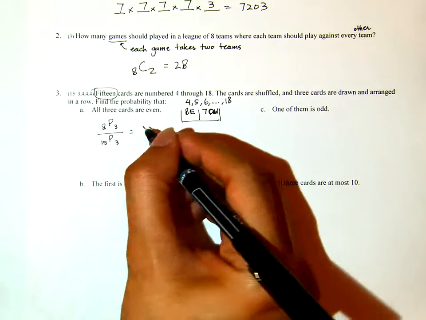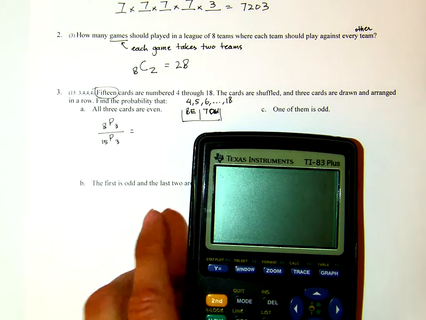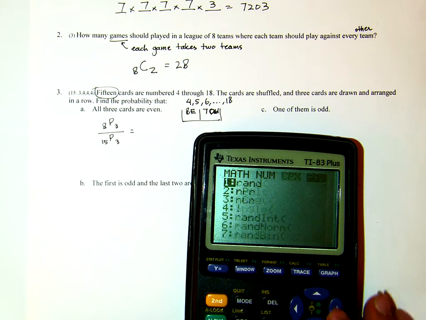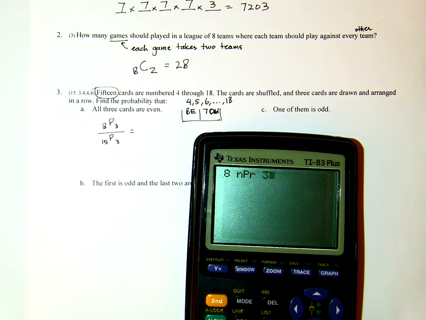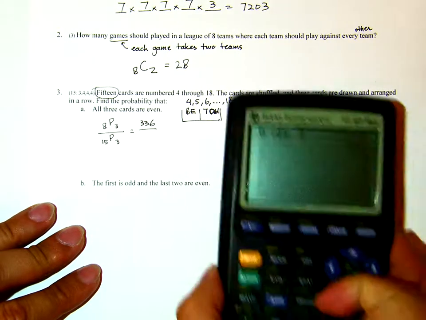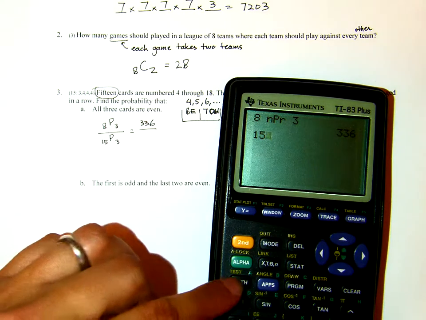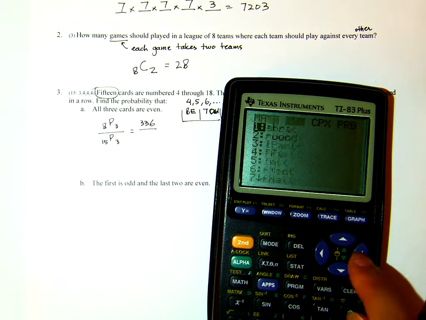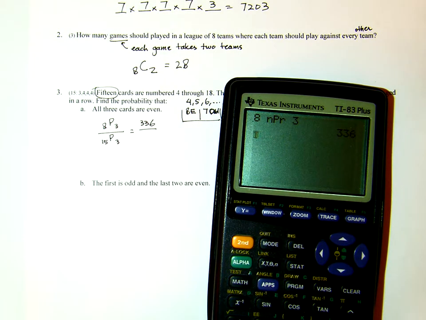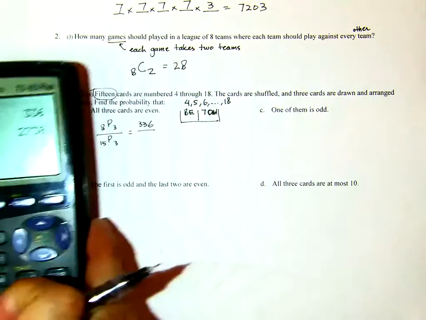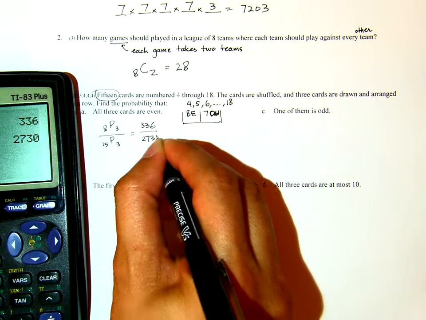If we compute these using a calculator, 8 permute 3, that's 336, over 15 permute 3, that's 2730.